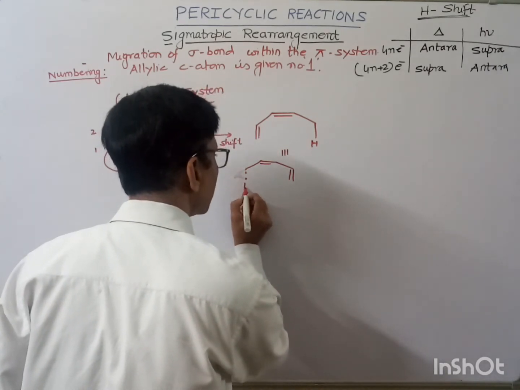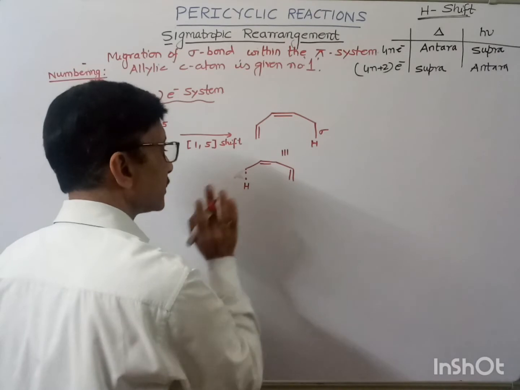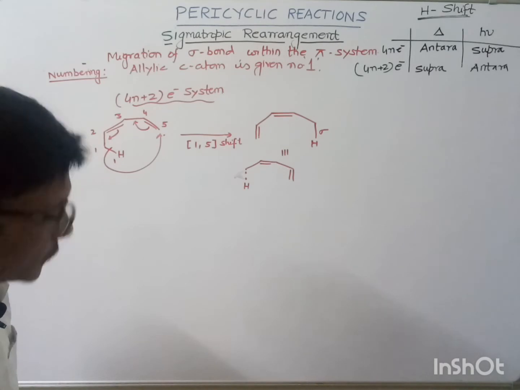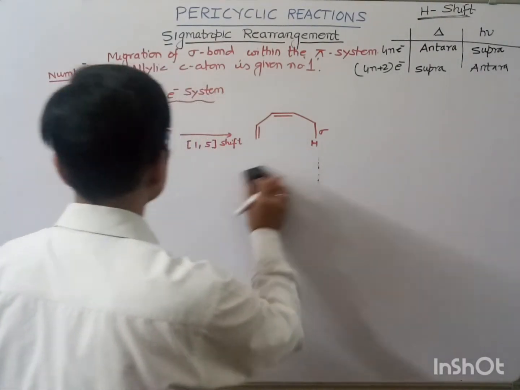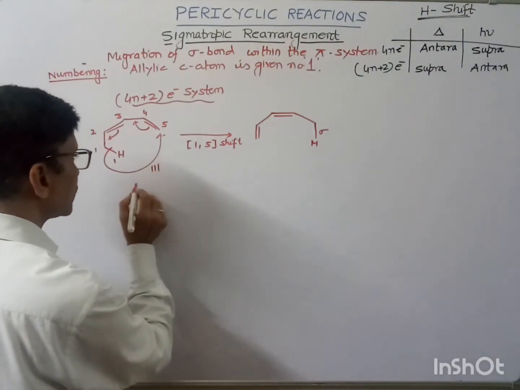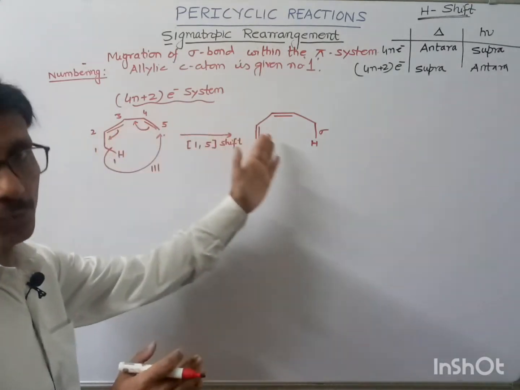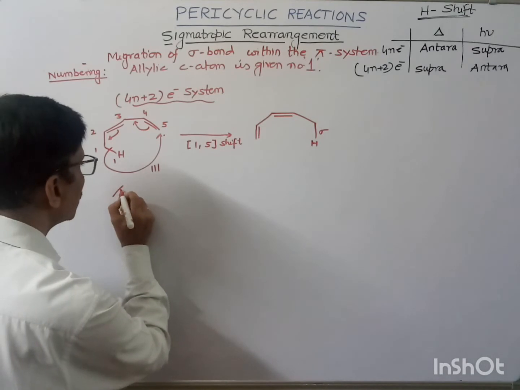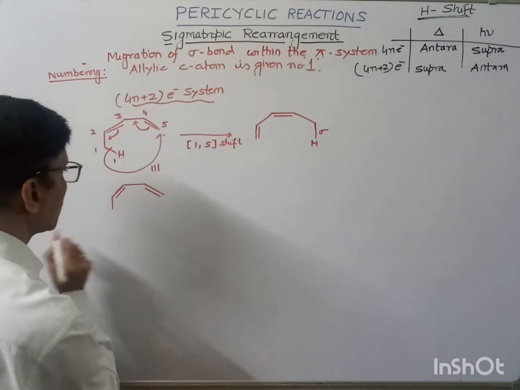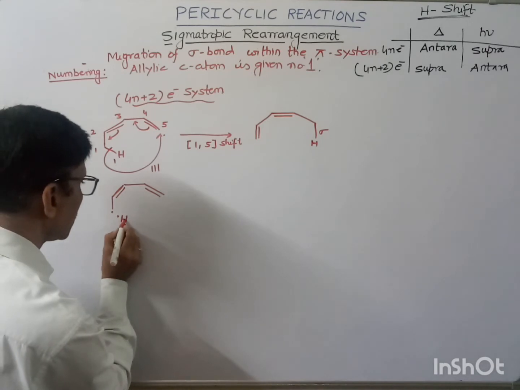This is the sigma bond which breaks, and the new sigma bond is formed over here. Here I should write it this way: this is actually the product. So I should first write the breaking of this bond, then the product will be formed.